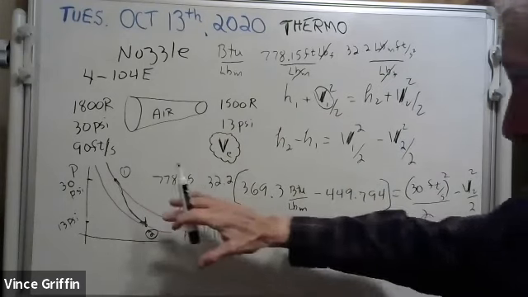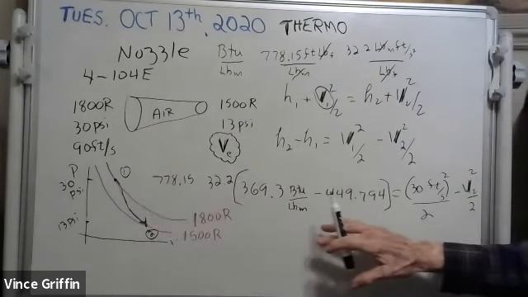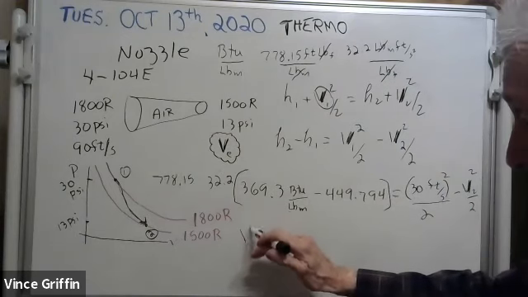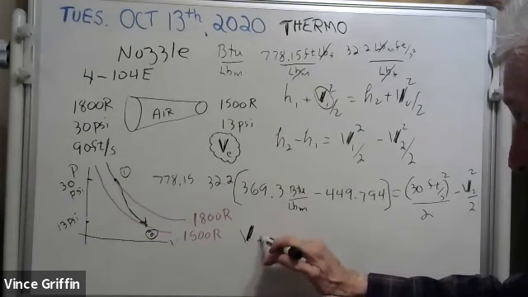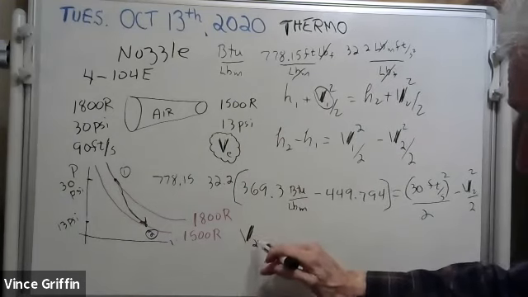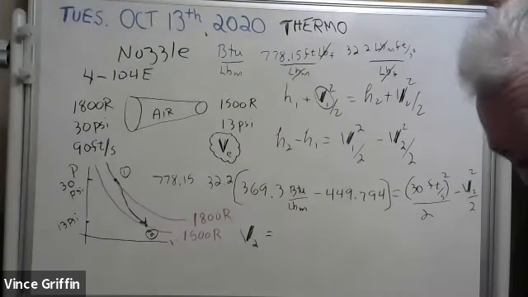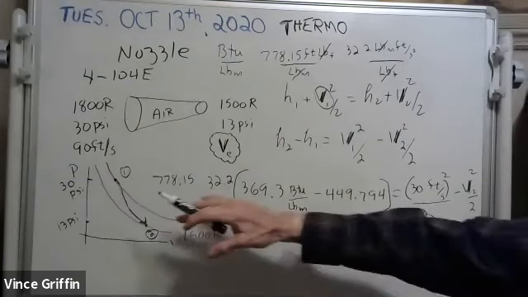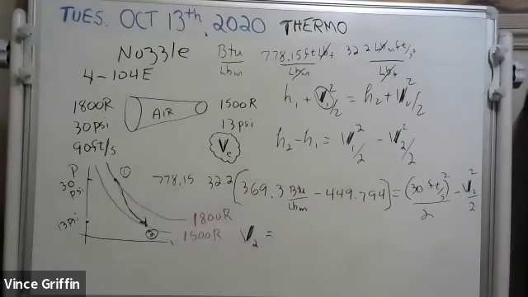Now we've got an equation. Look, a great big old equation here with only one unknown, and we can solve for the exiting, or state 2, exiting velocity. I'm going to shut up, and I want you to solve. Plug all this stuff in for me, please, and find the exiting velocity.